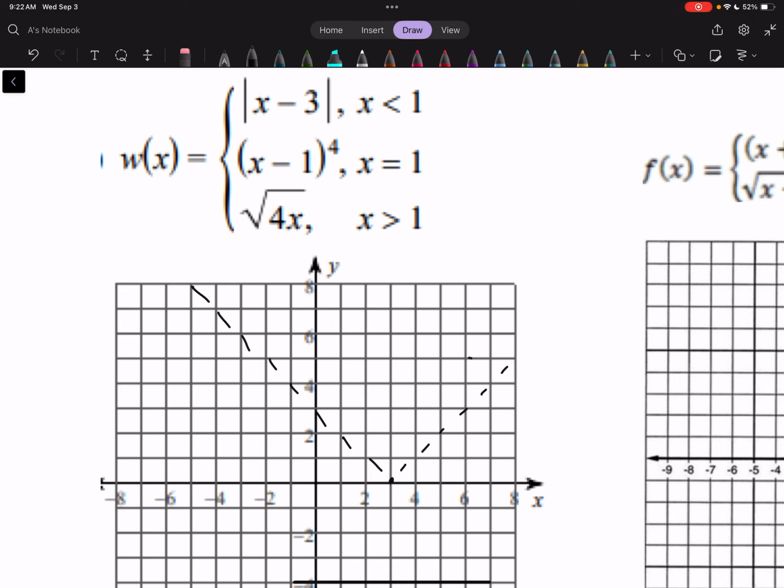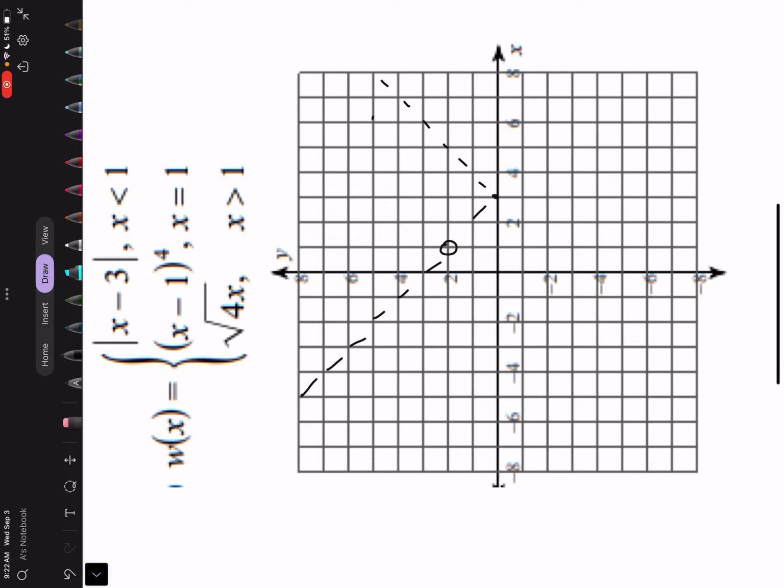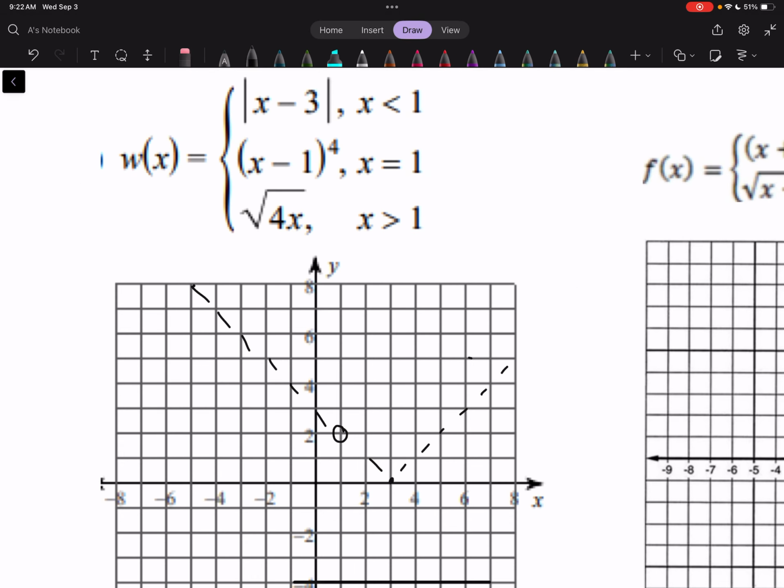And I want this where x is less than positive 1. So I want an open circle at my x value of 1. And I want the left side for that function.